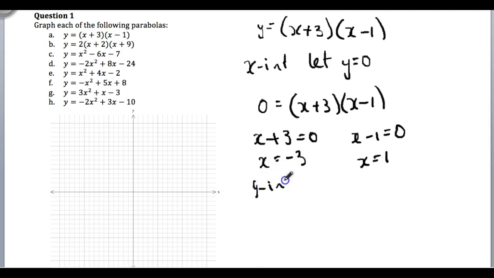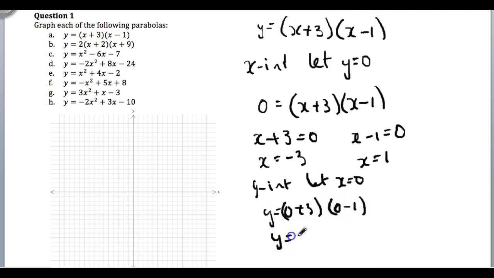Okay, so for the y-intercept, we let x equal 0. So we're going to have y equals (0 plus 3) times (0 minus 1). So effectively we've got 3 times -1, which is -3. So I've got a bit of writing there. Now, for some people who write messy like me, I do say start putting squares around.